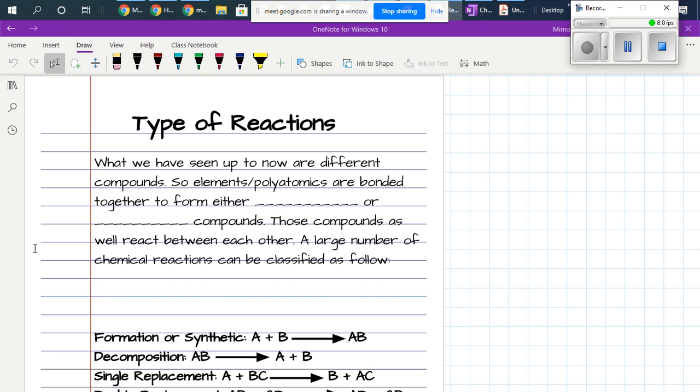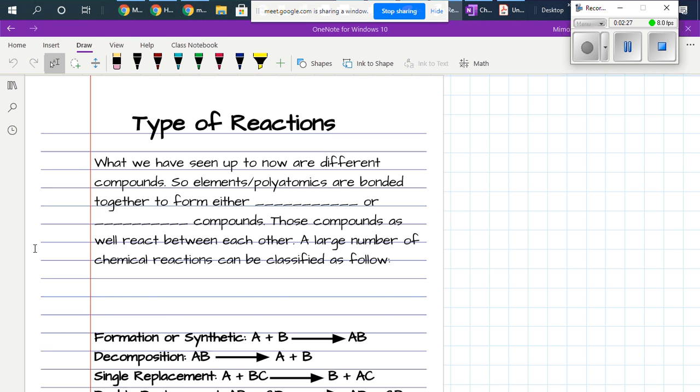The same thing is happening when we have a metal with a polyatomic. As we said, the polyatomic table is at your first page of the periodic table, and the majority of them are negatively charged. So they are creating ionic compounds.